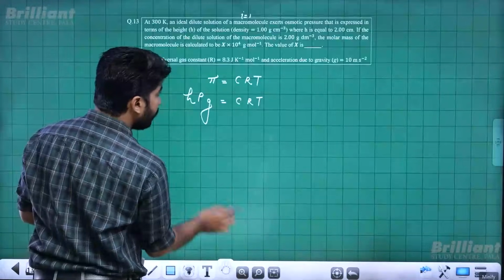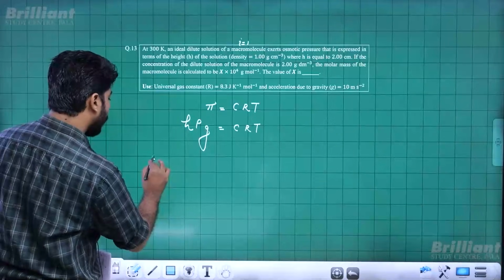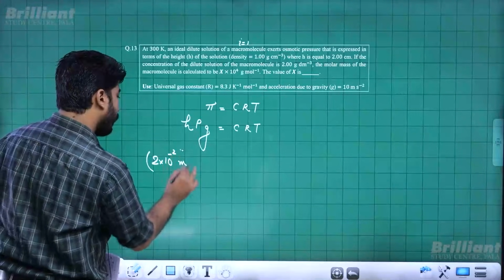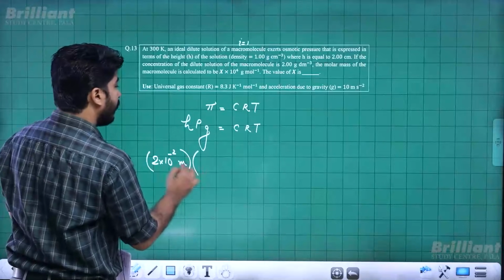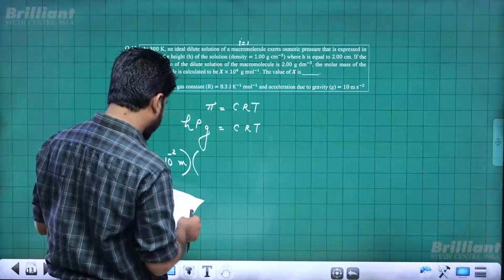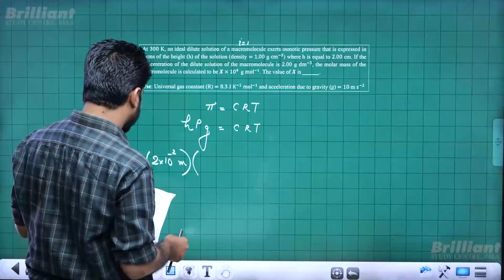Value of H is given as 2 centimeter, so 2 into 10 raised to minus 2 meter. Let's make it in the SI units. Then rho is the density of solution, 1 gram per centimeter cube, which is the given density of the solution.